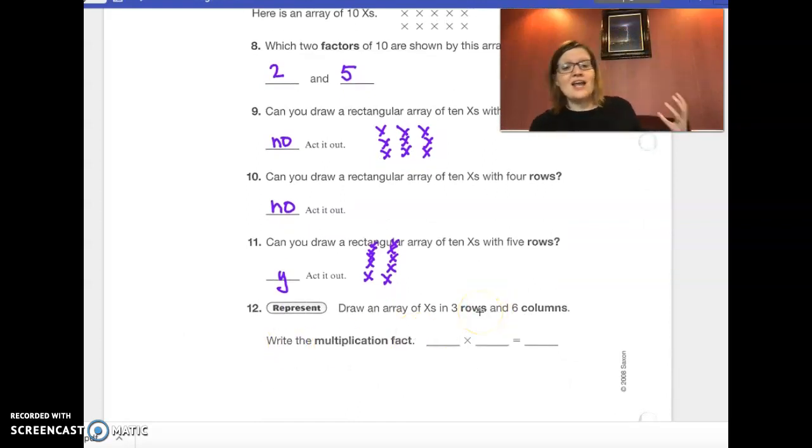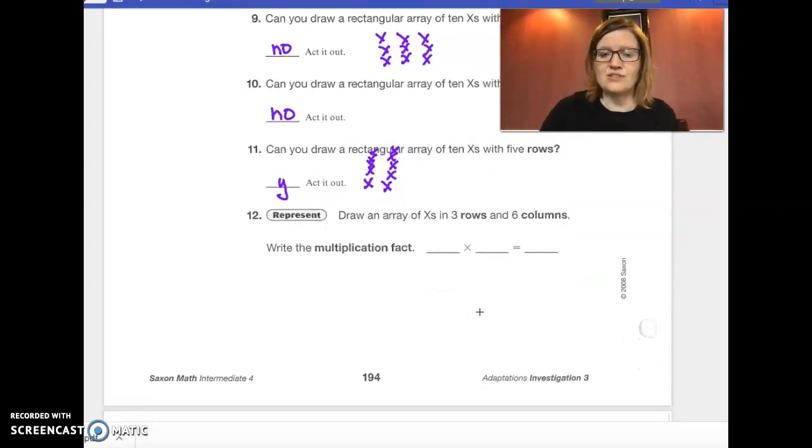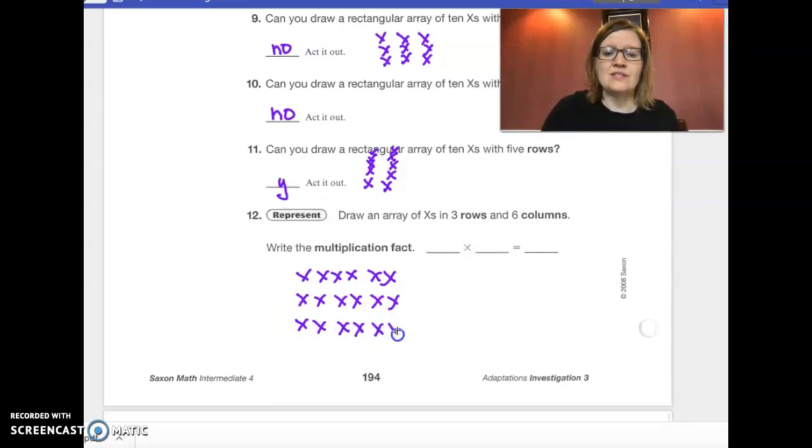Now, draw x's in 3 rows and 6 columns, and we've got to write our multiplication fact. So here we go. 1, 2, 3, 4, 5, 6. 1, 2, 3, 4, 5, 6, because they want 3 rows and they want 6 columns. 1, 2, 3, 4, 5, 6.